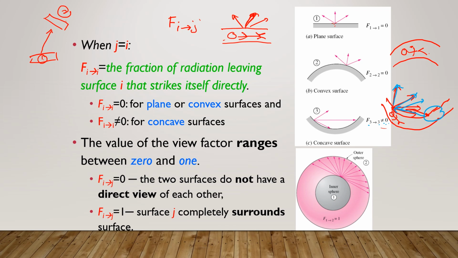So please remember that in these problems or questions, for a plane surface, F1 to 1 must be equal to 0, and the same for a convex surface, F2 to 2 is equal to 0.